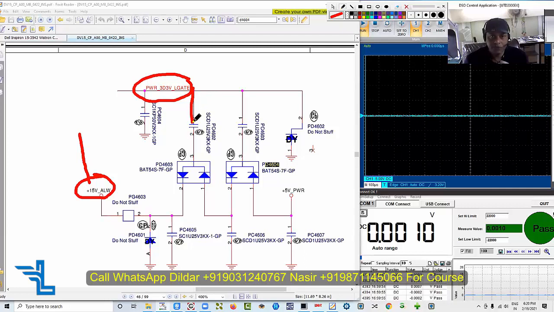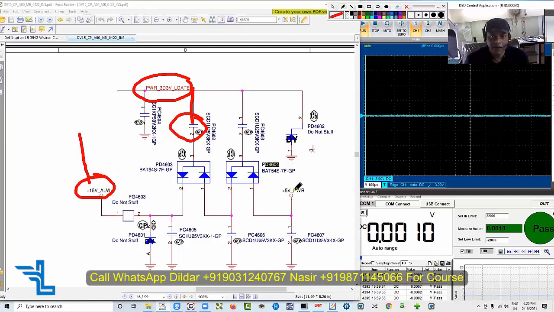The charge voltage must be present here, and the charge voltage and the voltage which is available here will produce the voltage as much as the capacitance value present on this point. So the charge voltage plus the voltage which is available on the terminal will be generated on the other terminal.